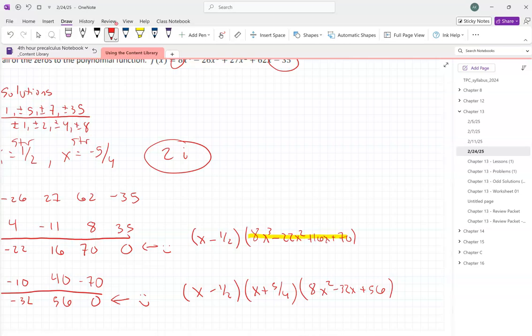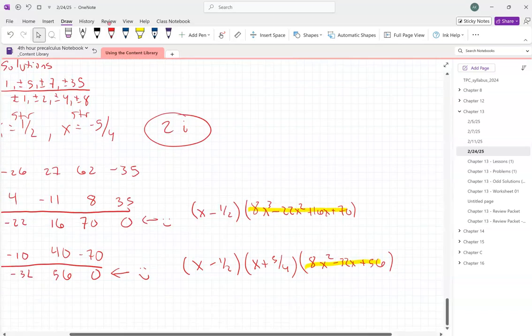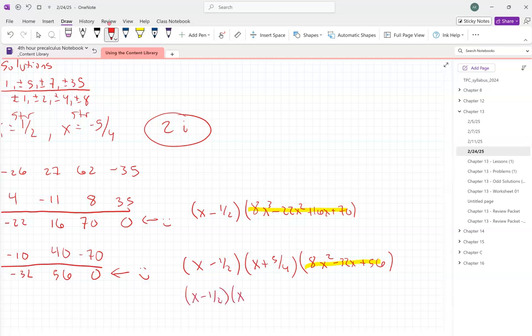Now, if I look at that leftover piece, that's quadratic, so there's a chance I could factor that, or if not, use the quadratic formula on it. If I look, though, at the leading coefficients for each of those, I see there's a greatest common factor of 8. I'm going to take that 8 out.